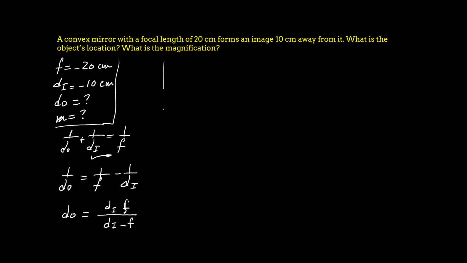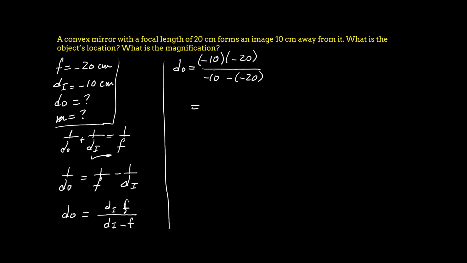And now we plug numbers in. We expect DO to be positive and farther away from the mirror than the image. So DI is negative 10, F is negative 20, over DI, negative 10, minus 20. So this is plus at the top.